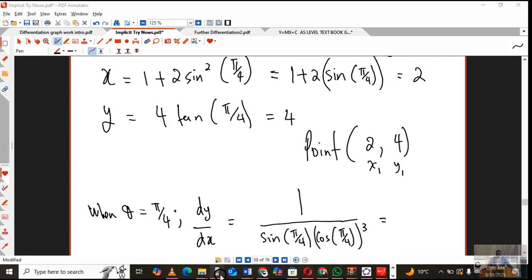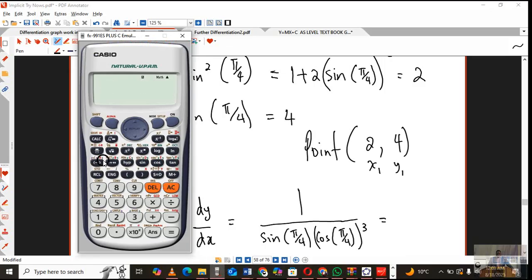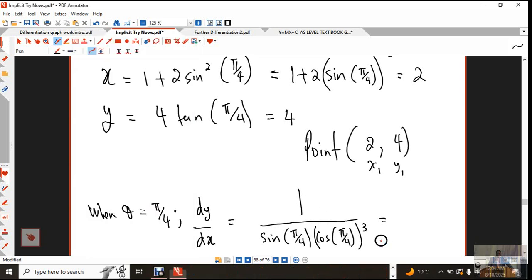We'll grab a calculator so you don't make a mistake. That's going to be 1 all over sine of pi over 4, multiplied by, in brackets, cosine pi over 4, and that should be cubed. I'm going to get 4 as an answer. So my gradient is 4.